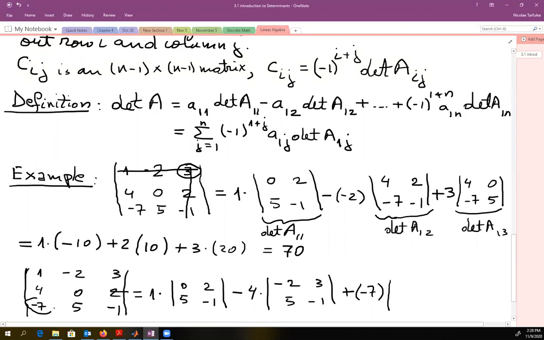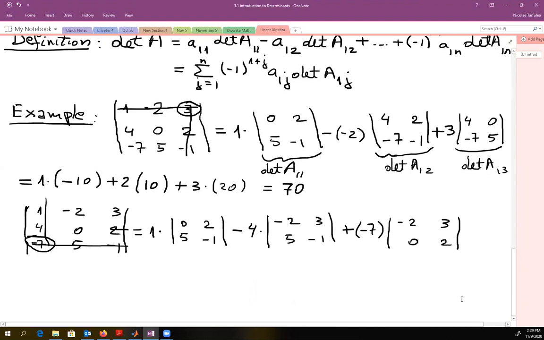So for this, I cross out the third row and the first column, and what I have here is -2, 3, 0, and 2. Okay, so let's see what we have in this case. We should obtain the same thing.